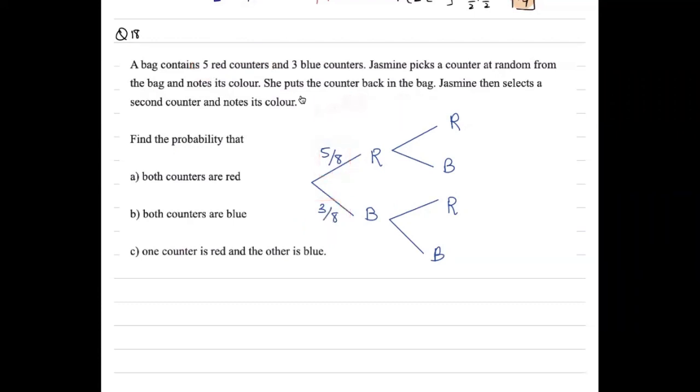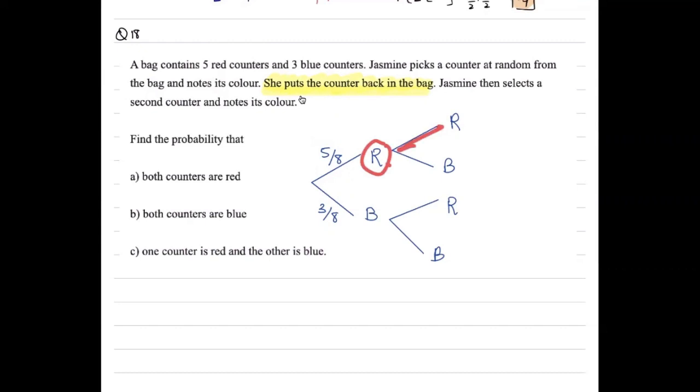Now, the most important line in this question is, she puts the counter back in the bag. So when she puts the counter back in the bag, the total number of counters in the bag is again the same. Let's say she picked up the red color and she put it back.